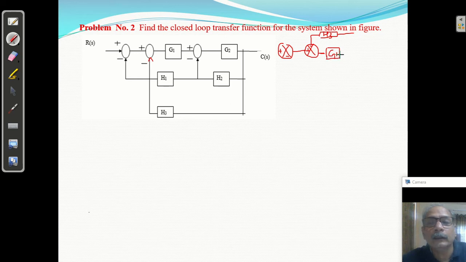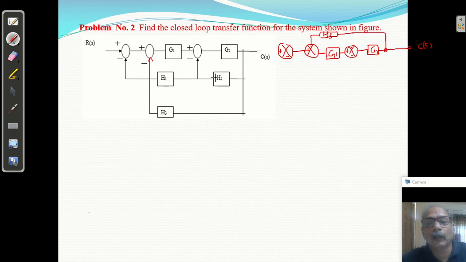Then after G1 there is a closed summing point, plus, and this is minus. And this is G2, and this is C of S. Now you can say feedback from here after G2.